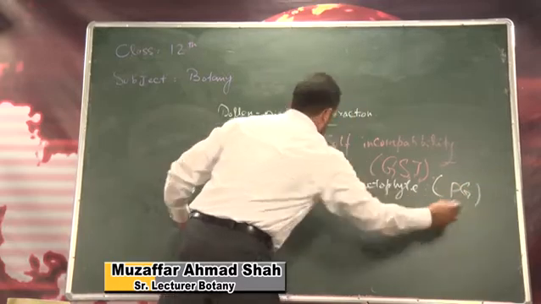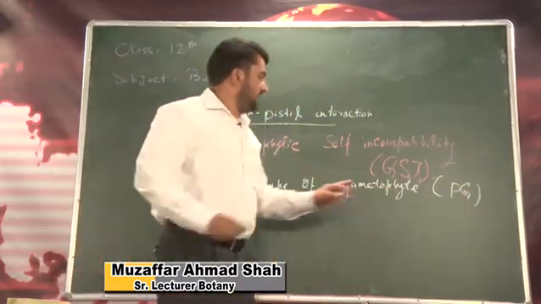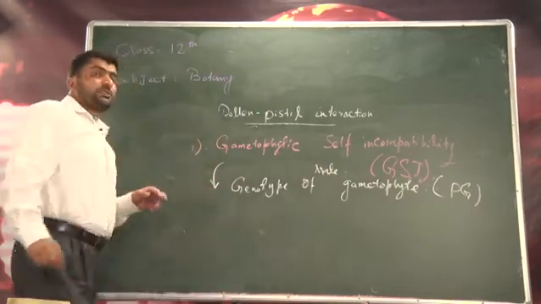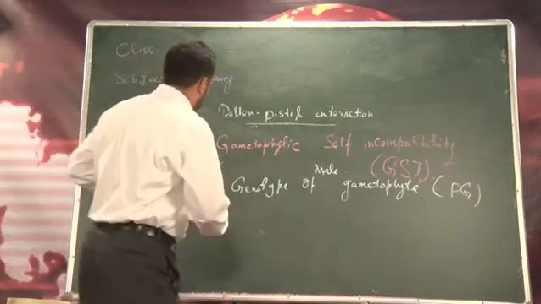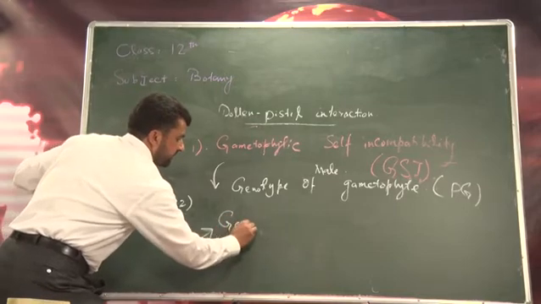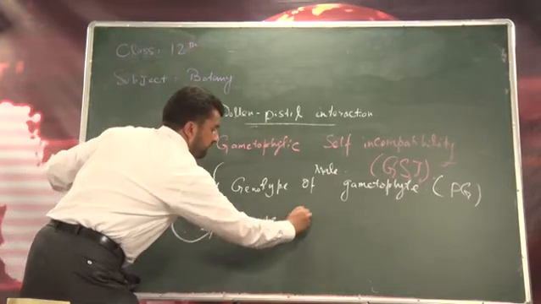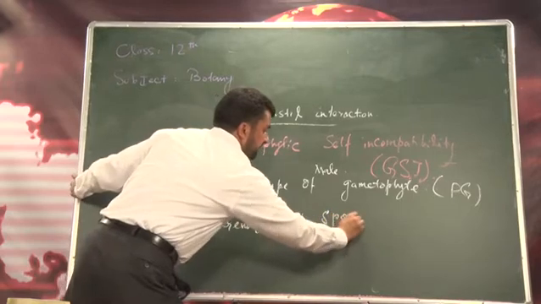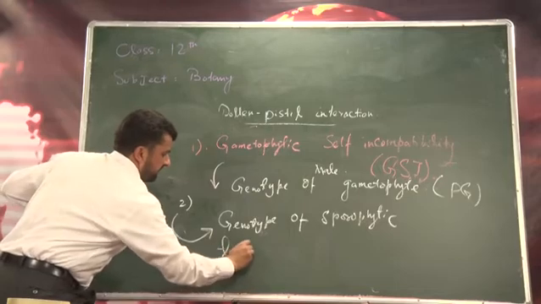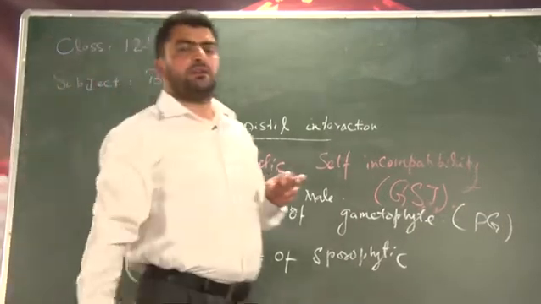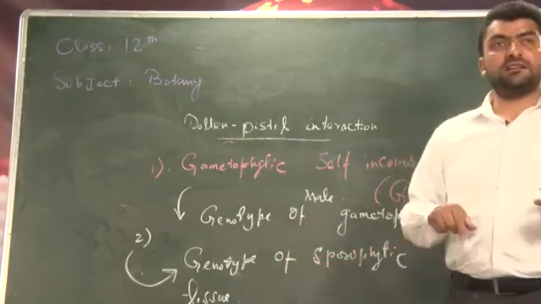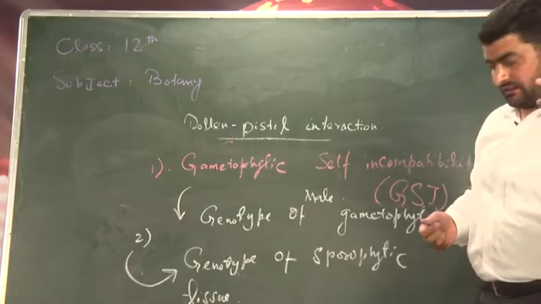Pollen grain, so the genotype of the male gametophyte. And the sporophytic one is the genotype of sporophytic tissue of the plant from where the pollen grain is derived.